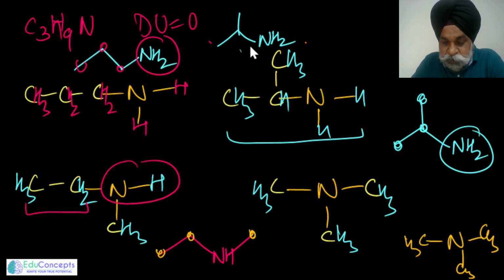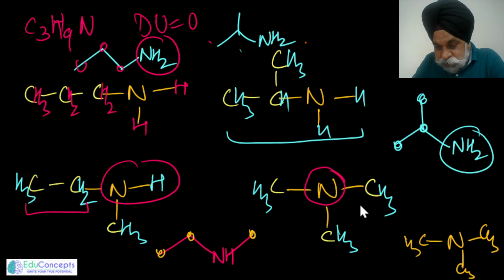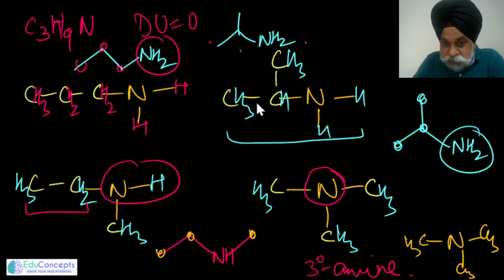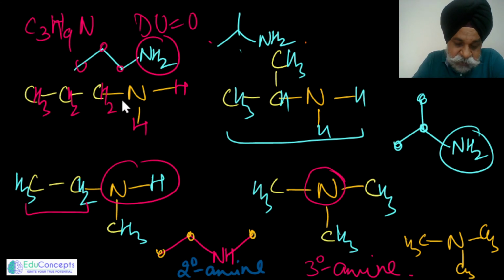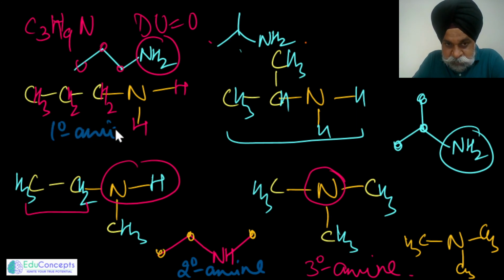If you want to recall it, when nitrogen is attached to 3 carbon atoms or 3 carbon chains, then this is called a tertiary amine, for which we will be doing the homologous series in the next sessions. When nitrogen is attached to 2 carbon atoms, it is called a secondary amine. And if the nitrogen atom is attached to 1 carbon atom and 2 hydrogen atoms, then it is generally said to be a primary amine. We will be discussing this in the homologous series as well.